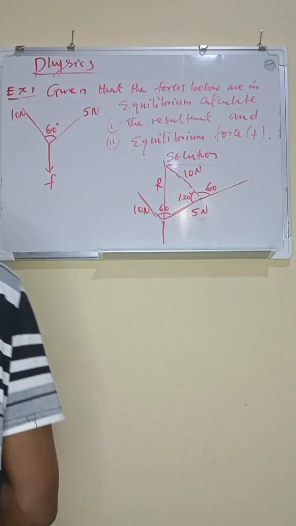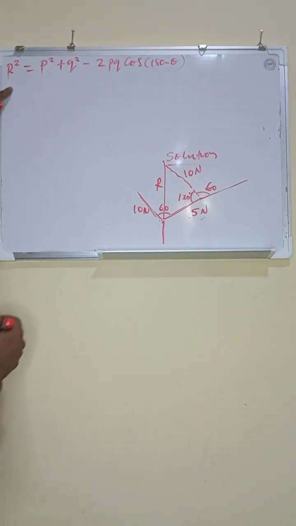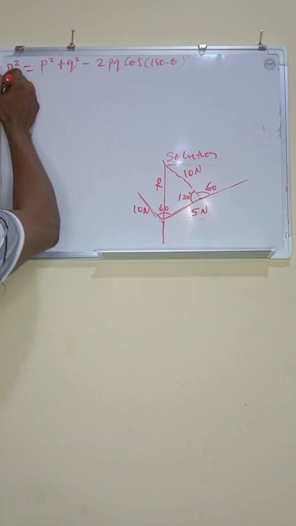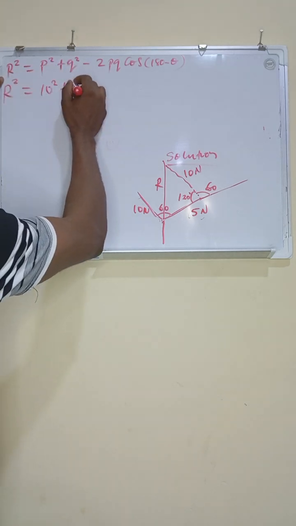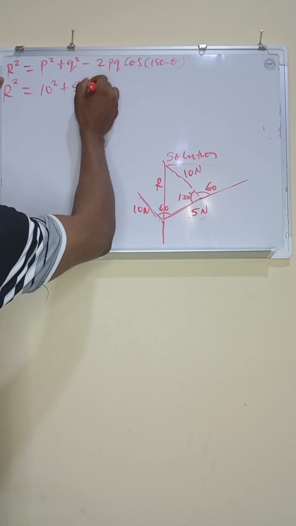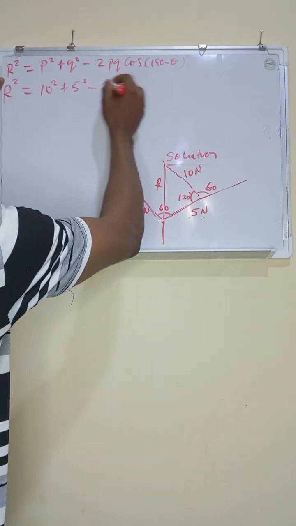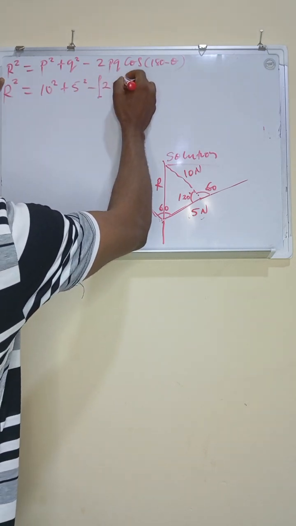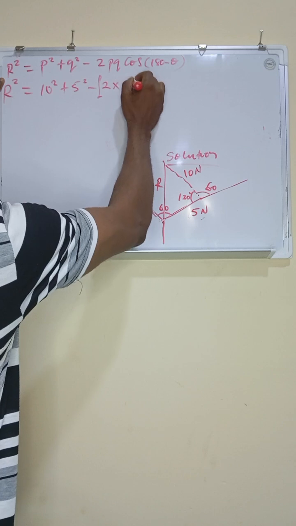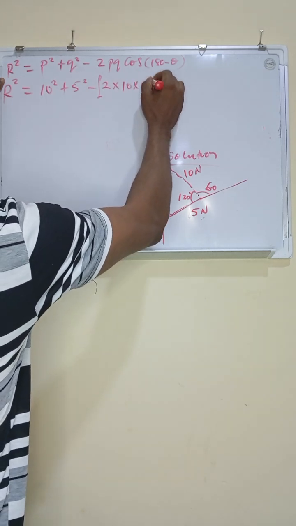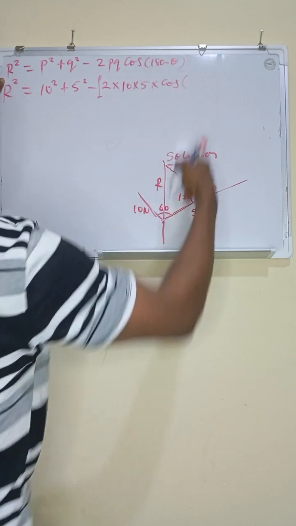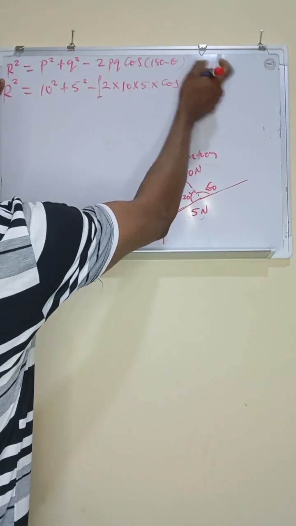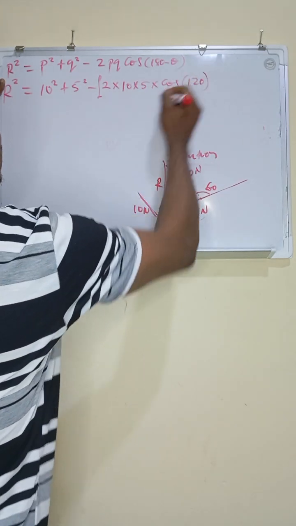The cosine rule states that here now we are looking for R, the resultant. We now have R squared equals 10 squared plus 5 squared minus 2 times 10 times 5 times cos of 180 minus theta, where theta is 60. 180 minus 60 gives you 120.